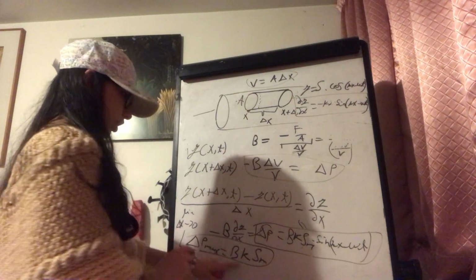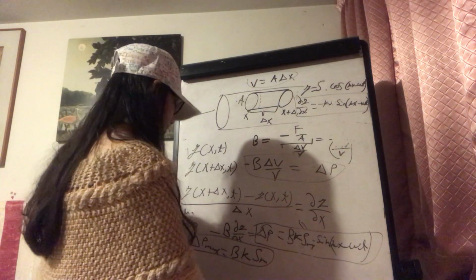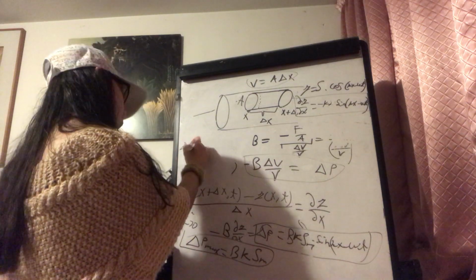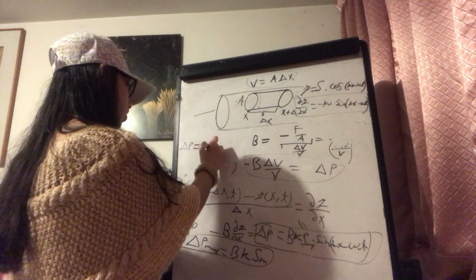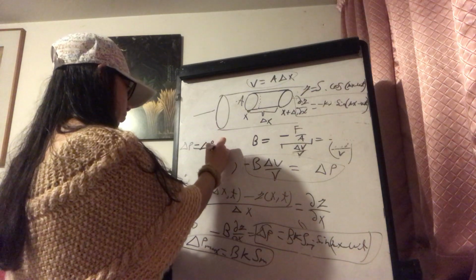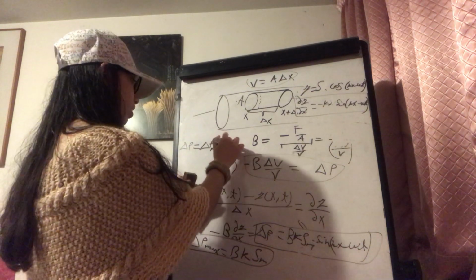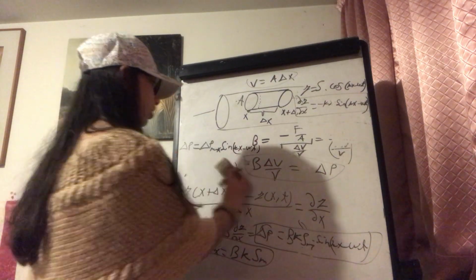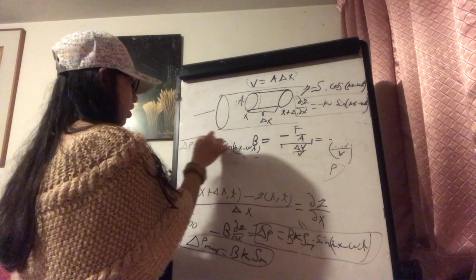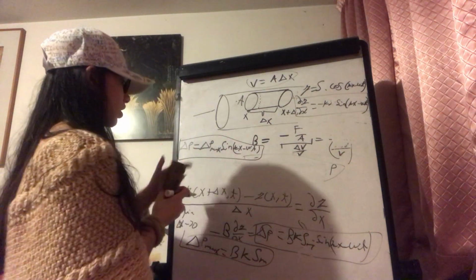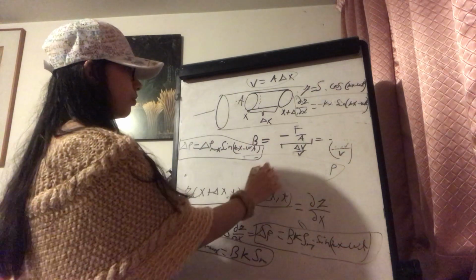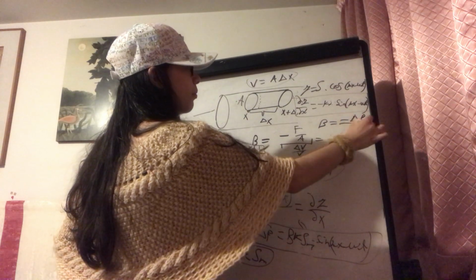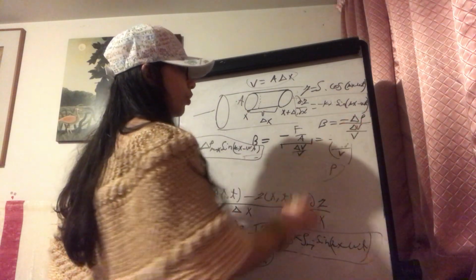So we can substitute this here, and we have that the change in pressure is equal to the maximum change of pressure times the sine of kx minus omega t. This is the equation of the change in pressure, and we used the formula of bulk modulus equals the negative change in pressure divided by the change in volume over volume.